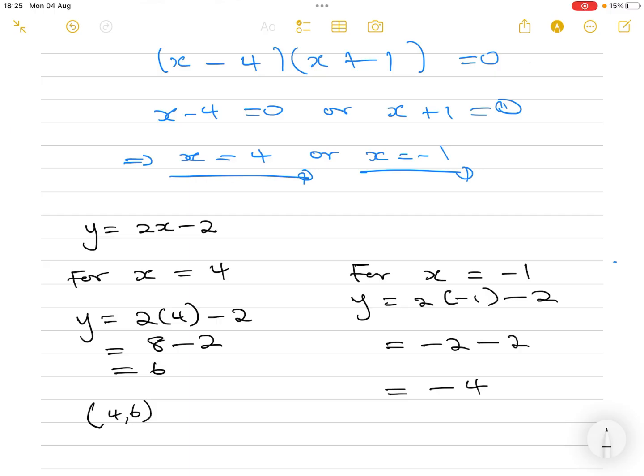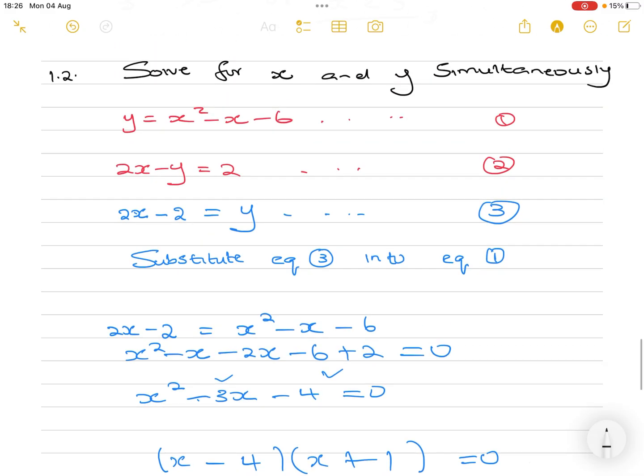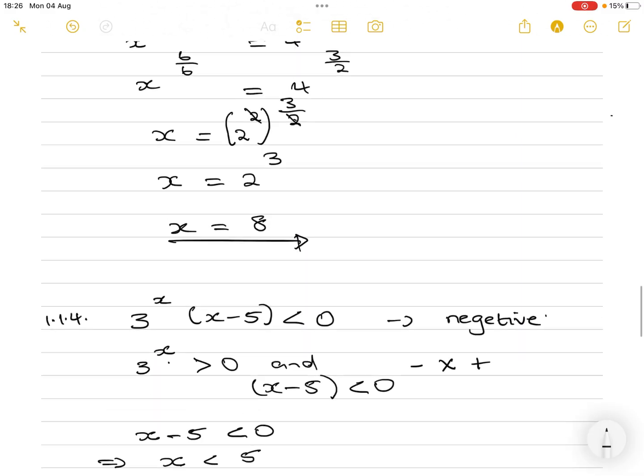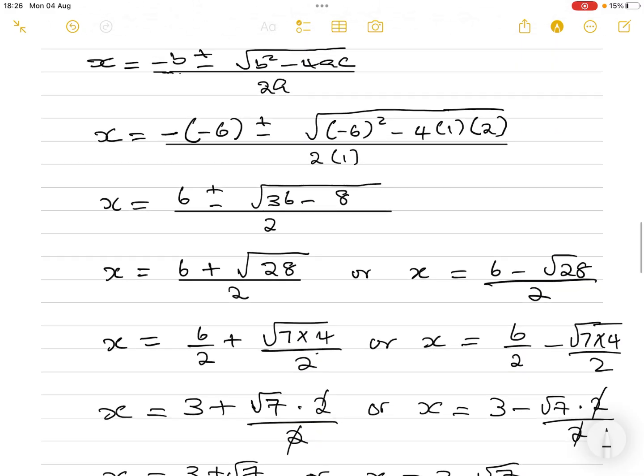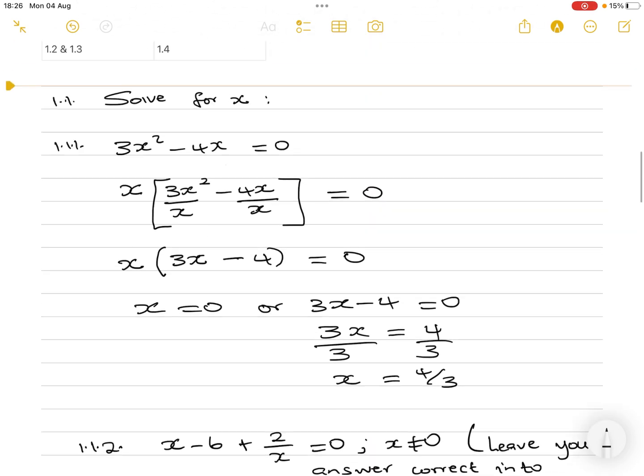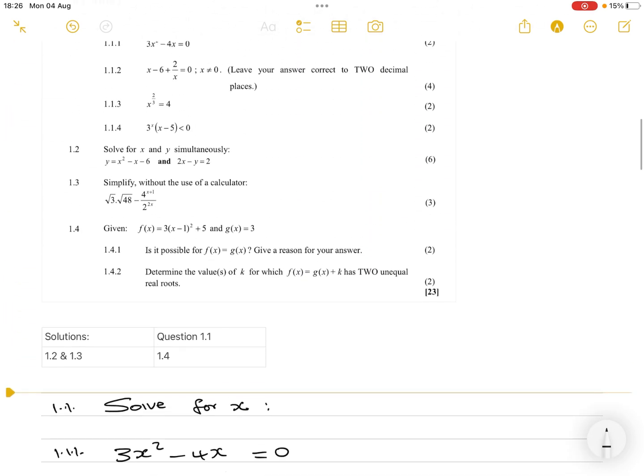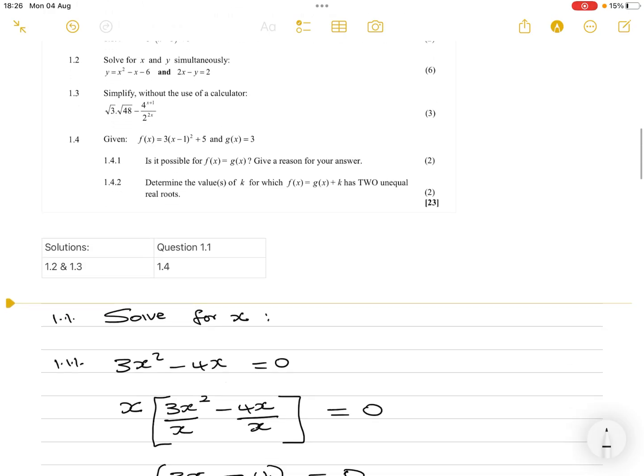Yes, when you plug in minus 1 here, minus 2 minus 2, it will be minus 4. So as the result, in coordinate form, it will be (minus 1, minus 4). And I hope that was clear. If you feel like there is something that was too fast, please make sure that you pause the video and revisit that section.